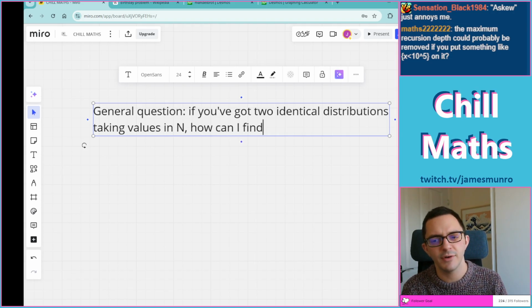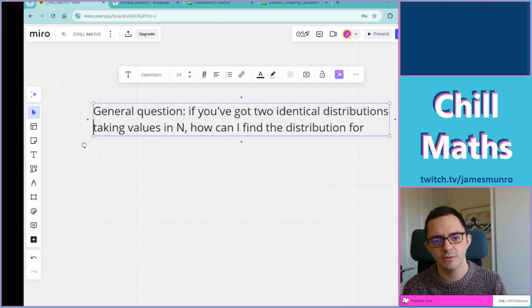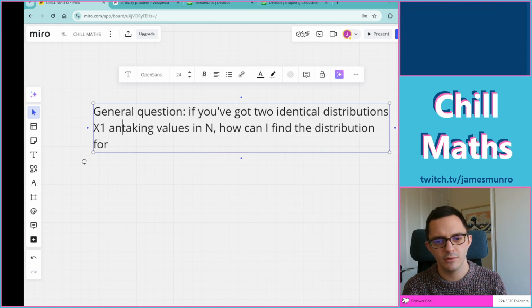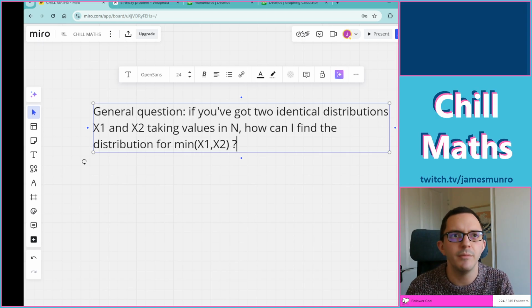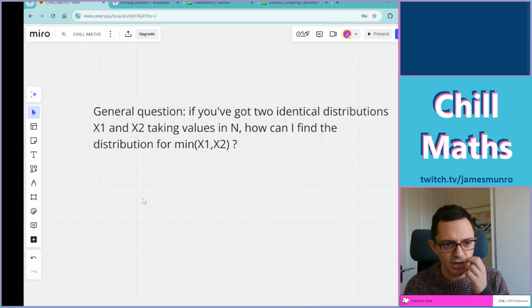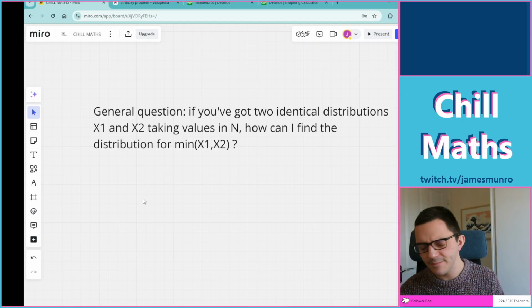How can I find the distribution for, let's give them names, the minimum? And I think it's something like consider the generating function or something.